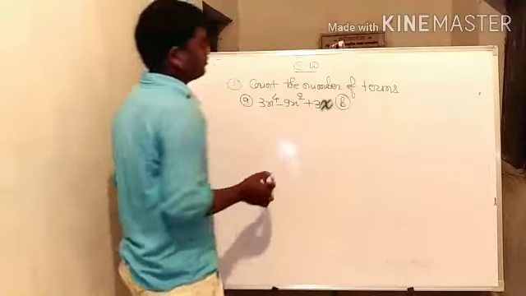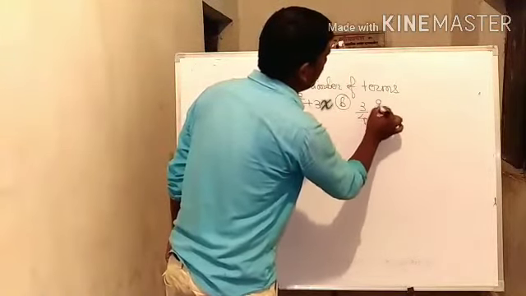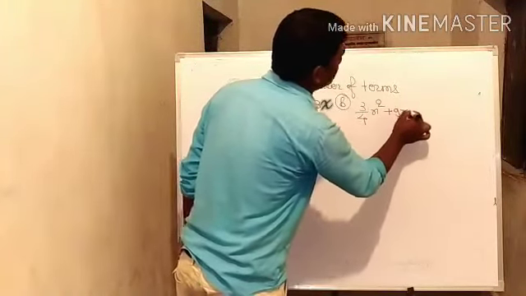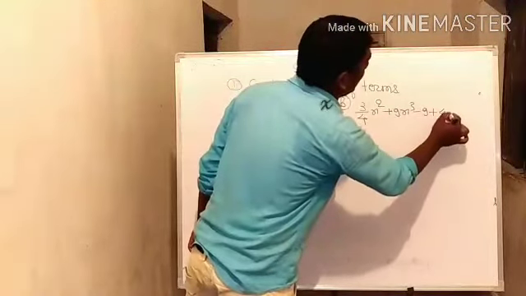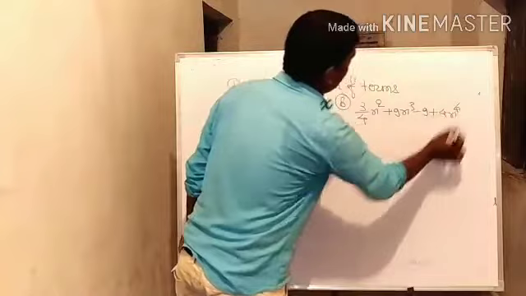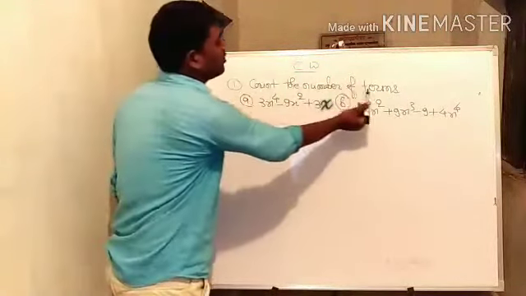B, 3 upon 4x square plus 9x cube minus 9 plus 4x raised to power 4. First question, count the number of terms.